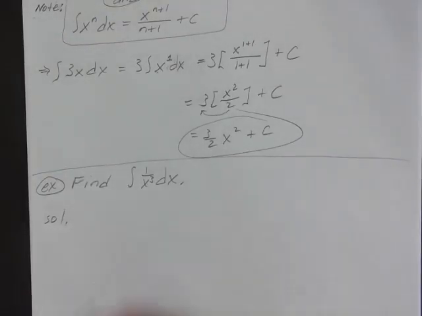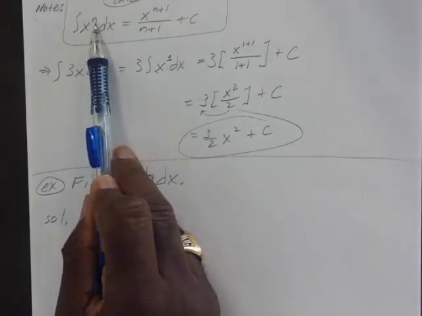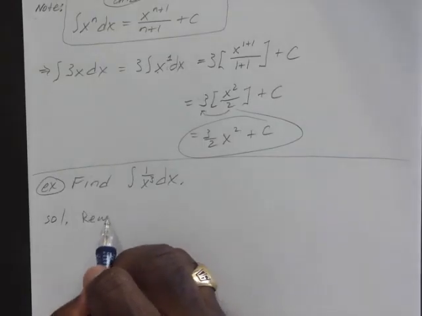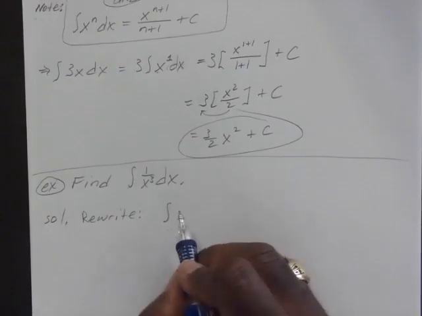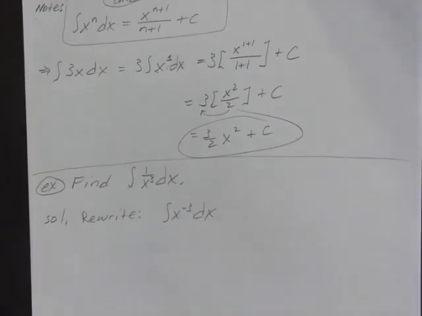Now with this one, you want to put it in your x to the power of some real number n form. So we're going to rewrite it as the antiderivative of x to the power of -3 with respect to x.